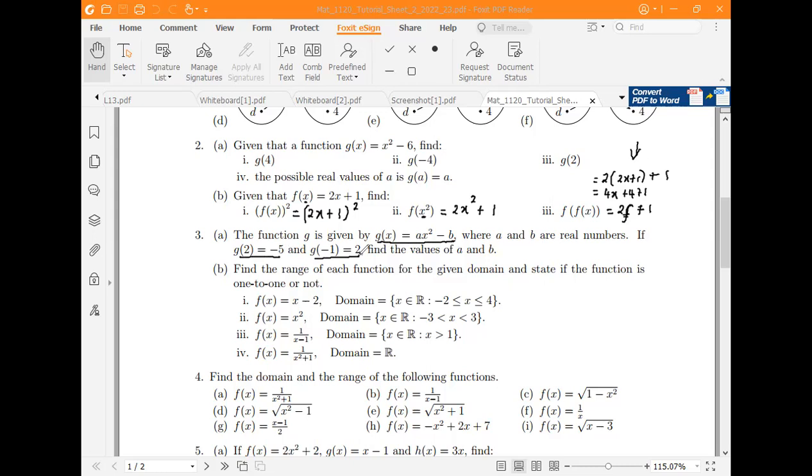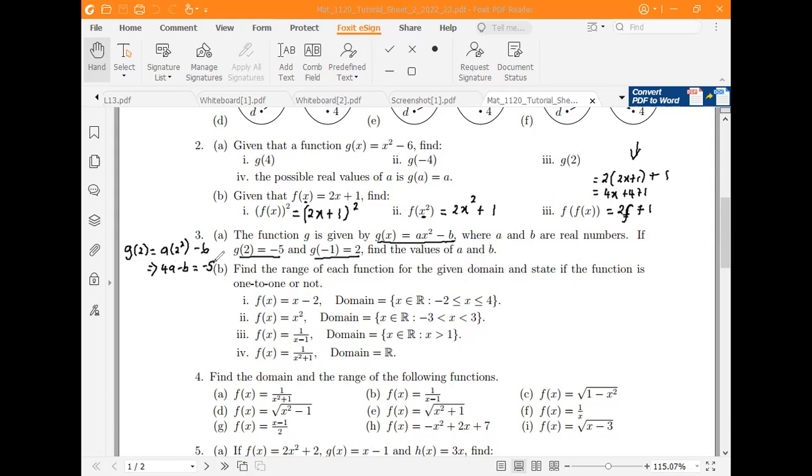G of 2, meaning in the function where there is x, substitute 2. So we'll have a 2 squared minus b. That will be 4a minus b, and then equate it to -5.